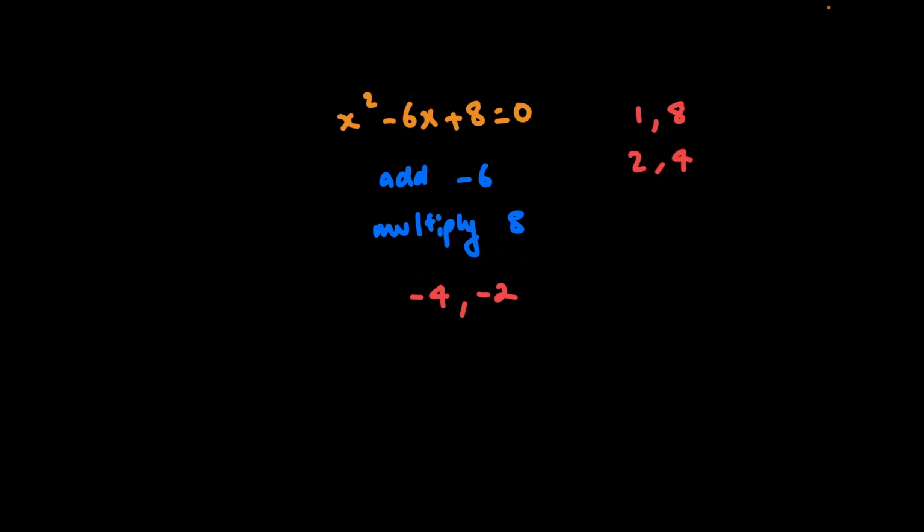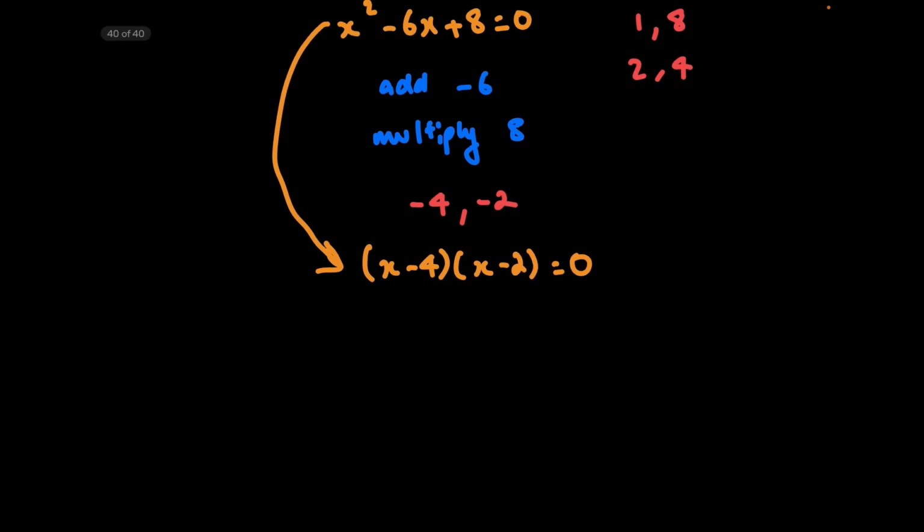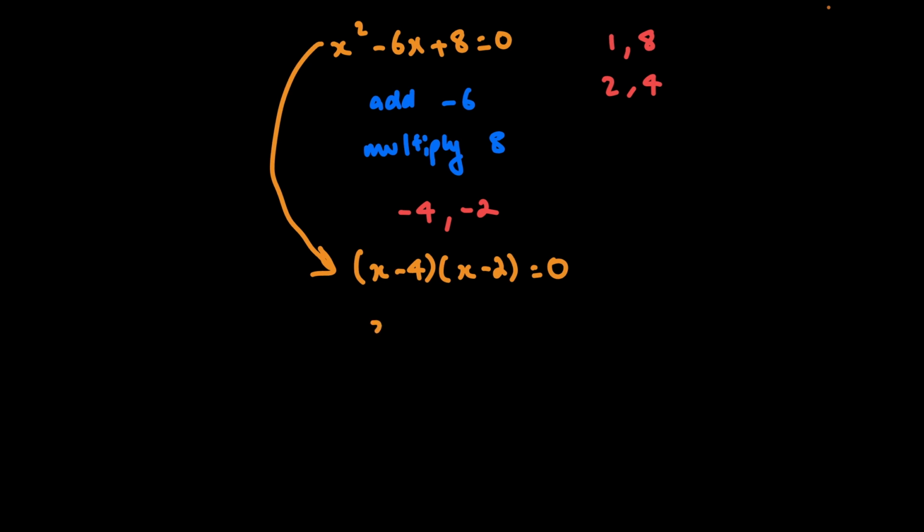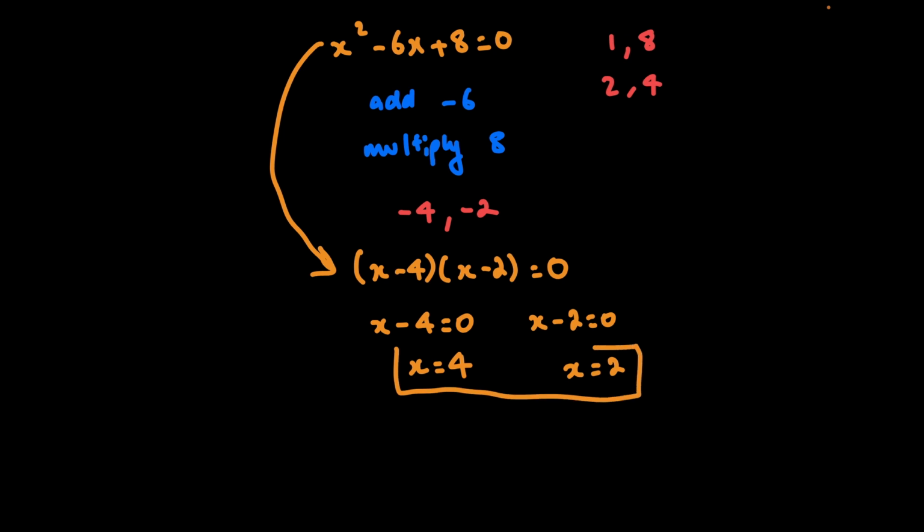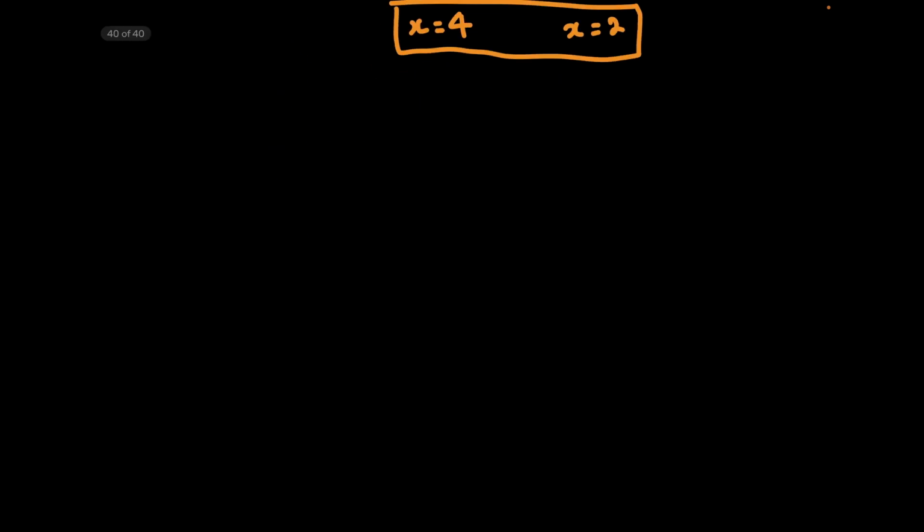So we can easily factorize this quadratic as x minus 4, x minus 2, and that equals 0. And again, we can use the null factor law to state that x minus 4 must equal 0, in which case x is equal to 4, or that x minus 2 equals 0, in which case x equals 2. Those are your two solutions.